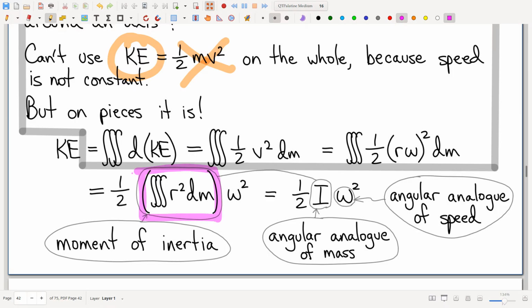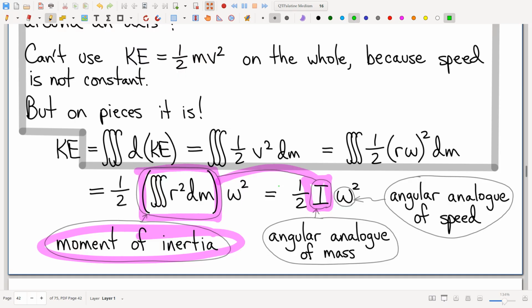This is just an integral over your domain. You need to know the mass. You need to know how far each piece is away from the axis. But this doesn't have anything to do with how fast it is going. This here is intrinsic to the mass itself. Right? And so what we do is a clever move. We give it a name. We're going to call it moment of inertia. Give it that name.